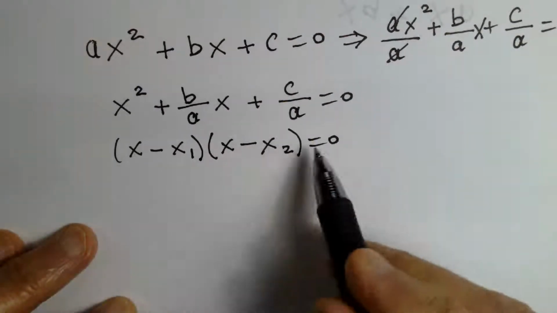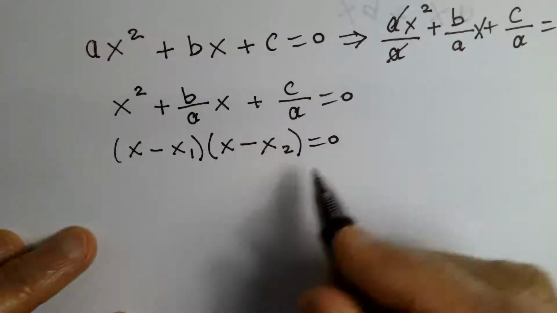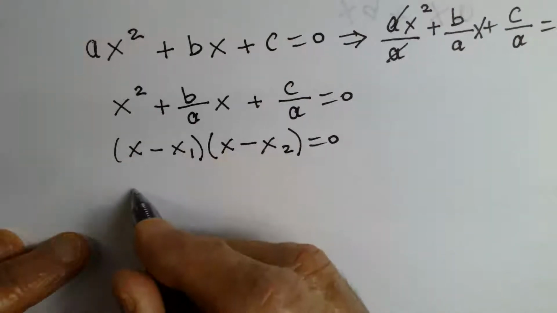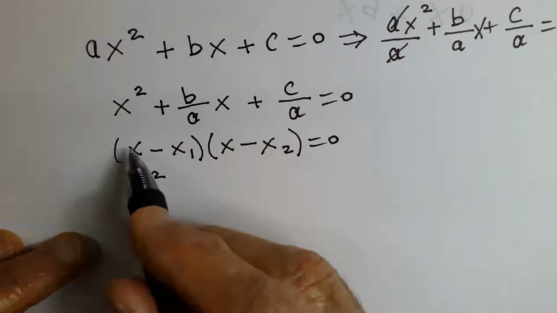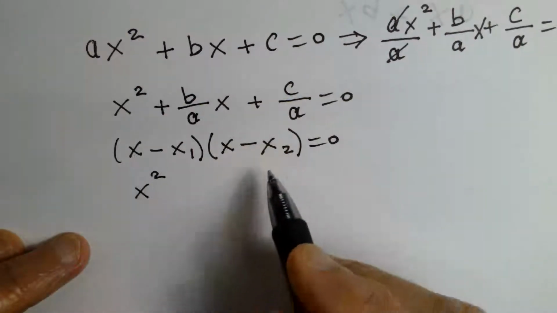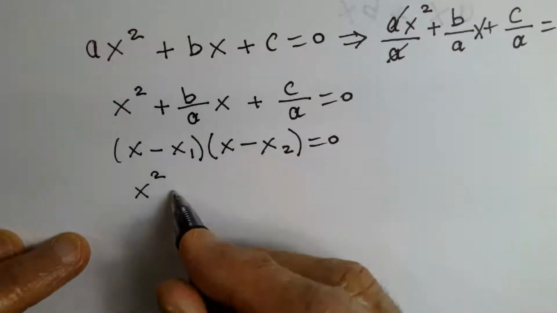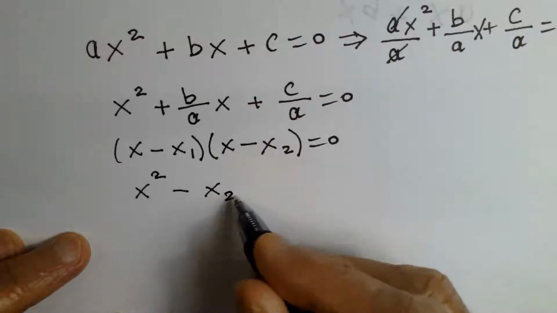Now let's multiply these two terms and see what we obtain. So if we multiply x into x, it is x squared. Multiply this x by this x2, so we have minus x2 x.